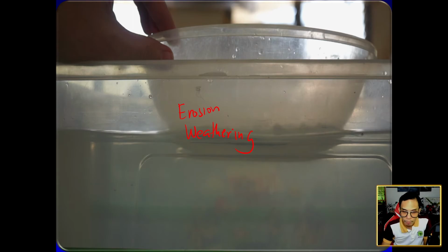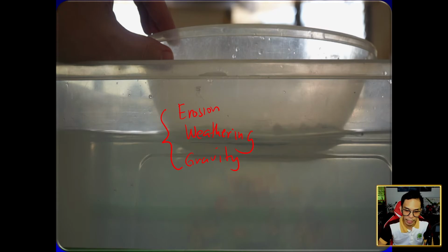So erosion and weathering. And also we have another factor, which is gravity itself. So these are the three things that limit the height of the mountain.